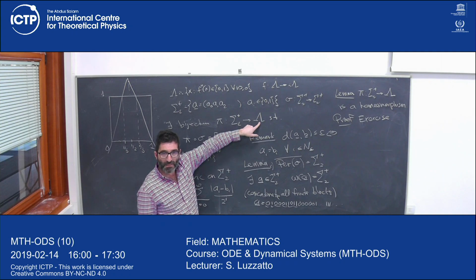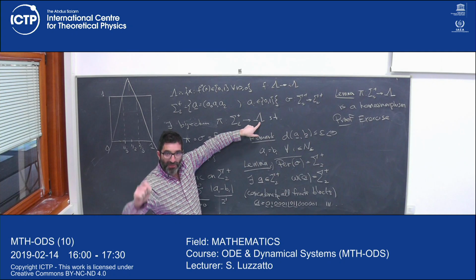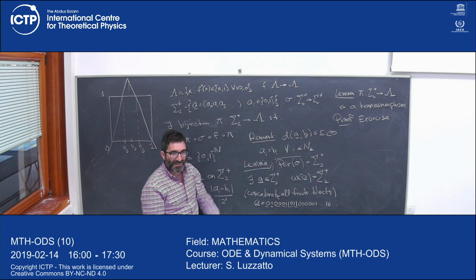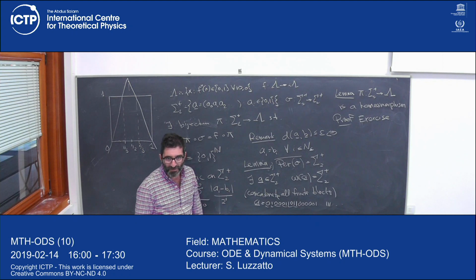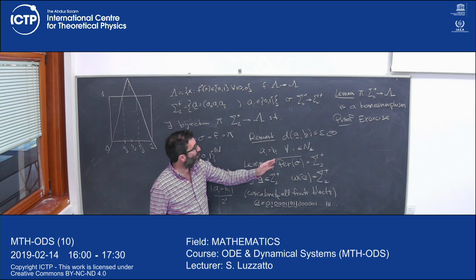Exactly. We did the estimate last time. The interval I, A0 to A1000, is of size 3 to the minus 1000. So it's very small. So that you show continuity in that direction.